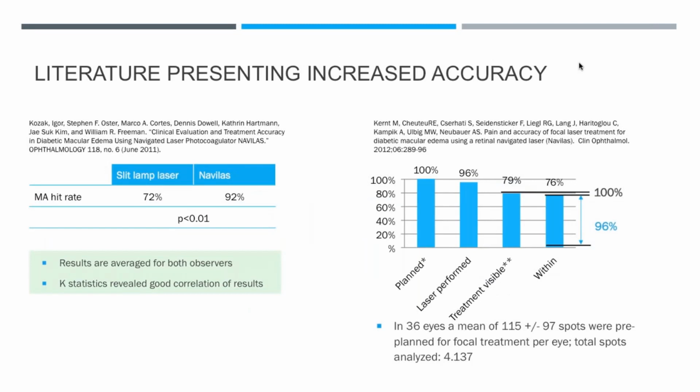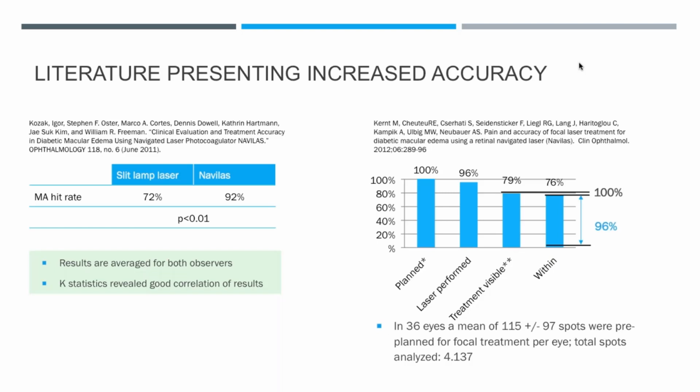Of course, we are focusing on increase in accuracy, which is the basis of eye tracking and navigation. And the original paper looking into the accuracy, published in Ophthalmology, showed that the navigated approach outperforms slit lamp-based conventional laser in treatment accuracy with high statistical significance.